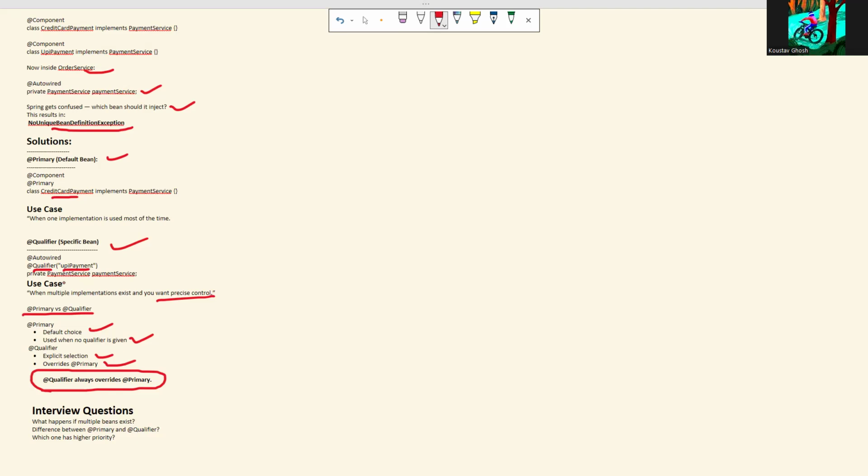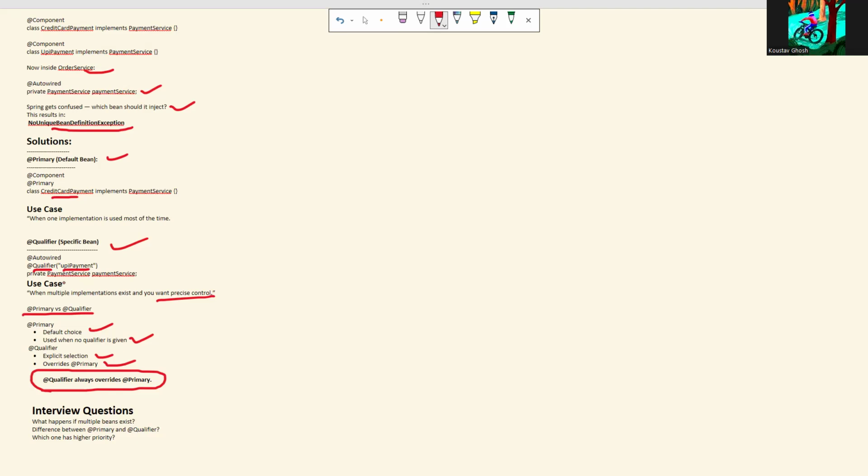Here the waiter means Spring. When you tell the waiter that you need the Blue Lagoon, then instead of the drinking water, the waiter will come to you with Blue Lagoon.